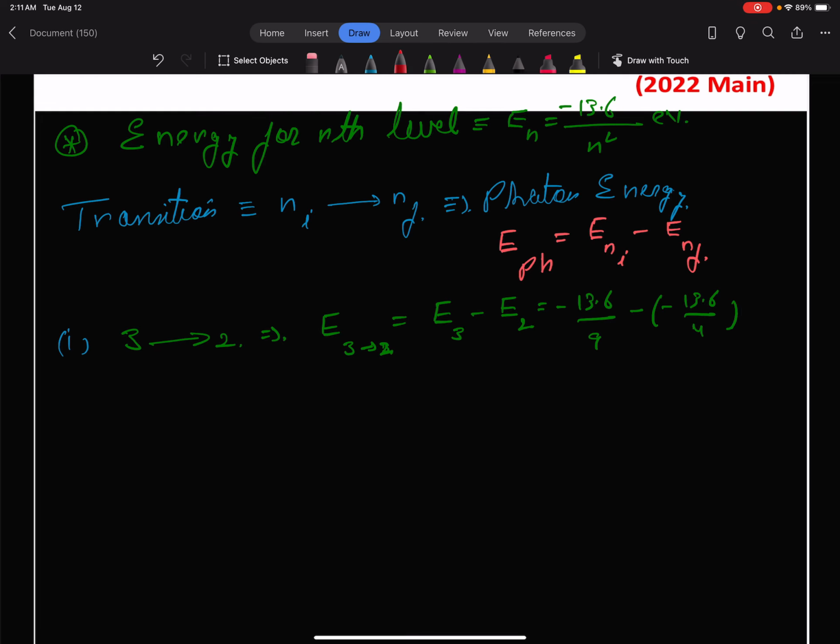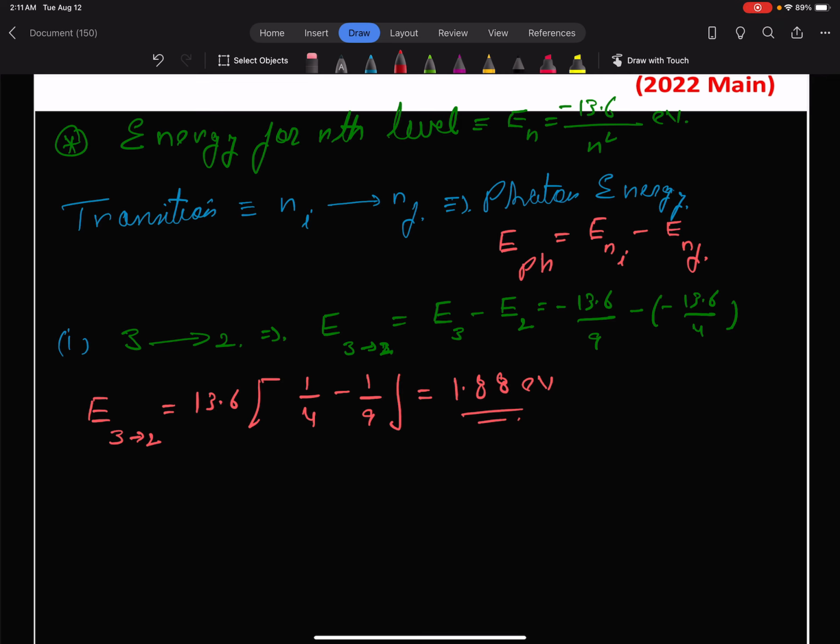So we get the energy during the transition from third to second. We can write it in a reversed way and take 13.6 as common. So this will be 1 upon 4 minus 1 upon 9, and this will be giving us 1.88 electron volt.